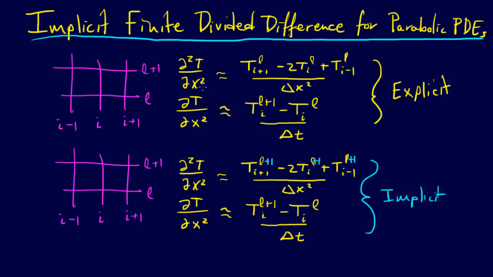So let's use an O for these and an X for these. So Ti plus 1 L, that's this point. We use Ti L, so we use this point. Ti minus 1 L, so we use this point.